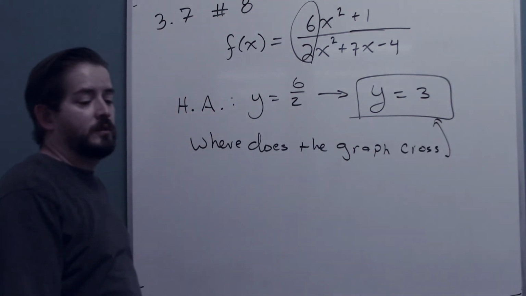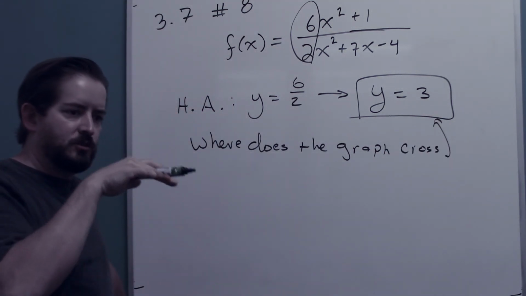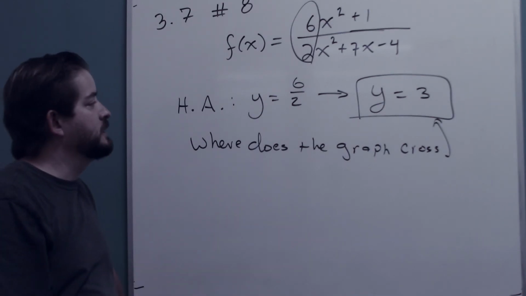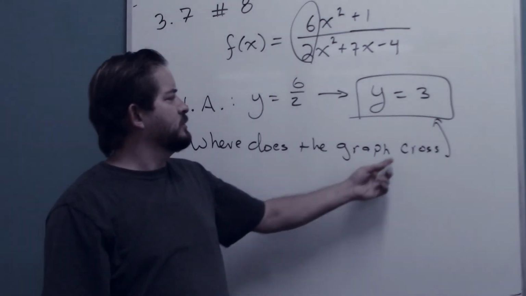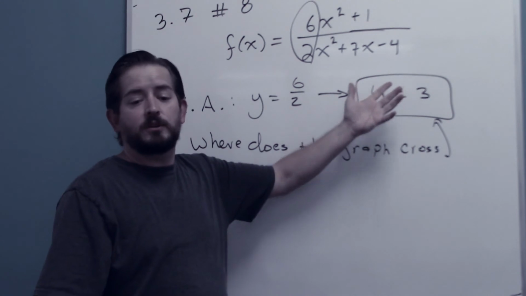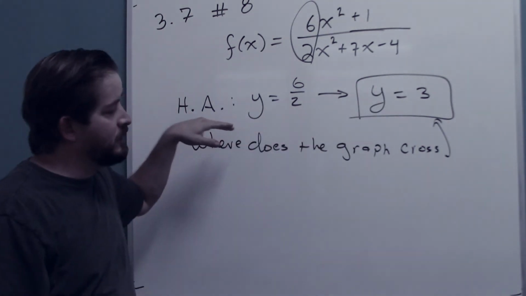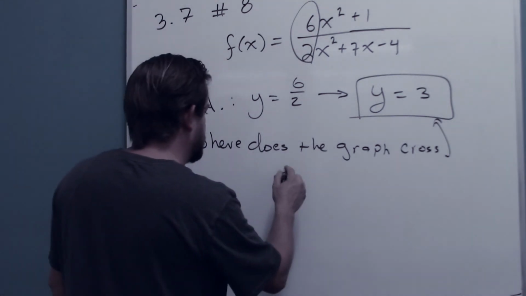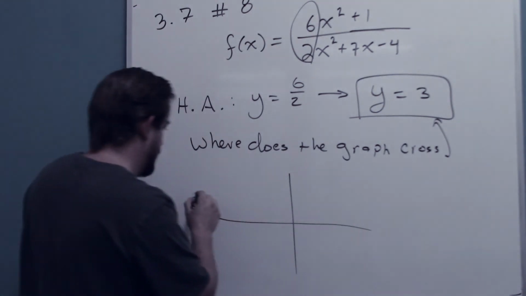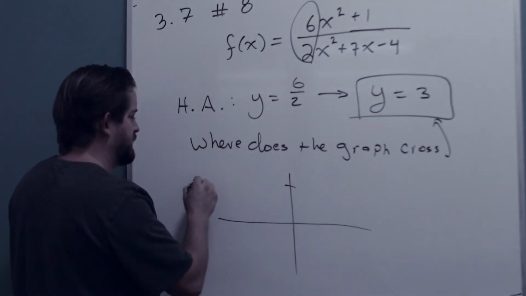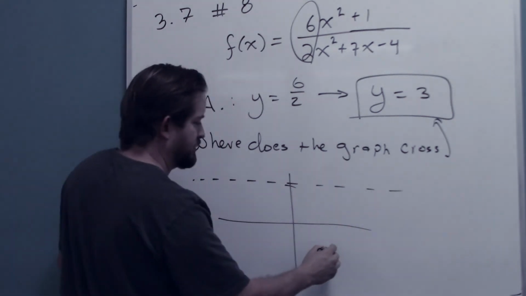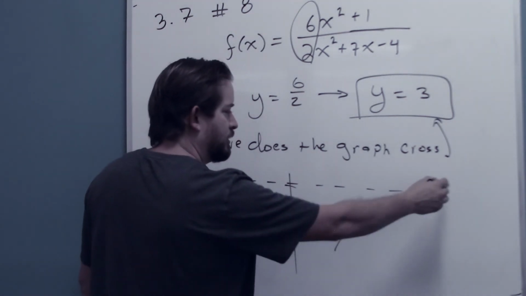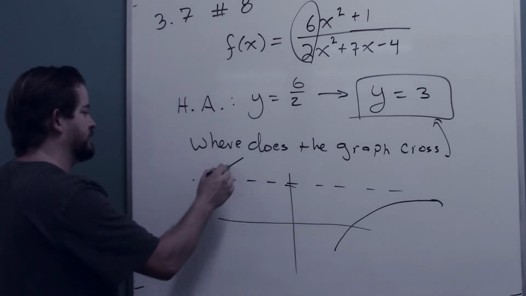You think about asymptotes as this line that you just get close to and can never touch. So it's weird that they ask you where it crosses, because you're not supposed to cross asymptotes. But these horizontal ones you can cross in the middle, right? Or close to the zeros. If I have some asymptote, in this case it's 3, that just means whatever's happening towards the end I get closer and closer, so I might be doing something like this.